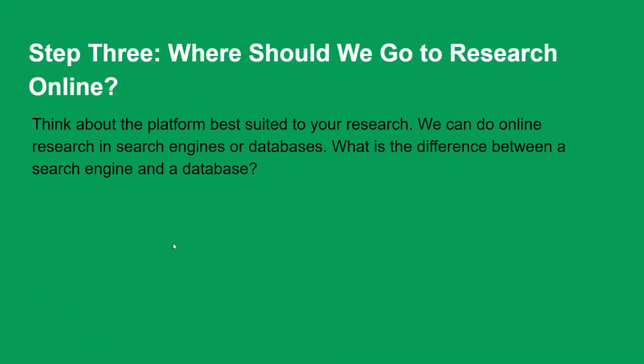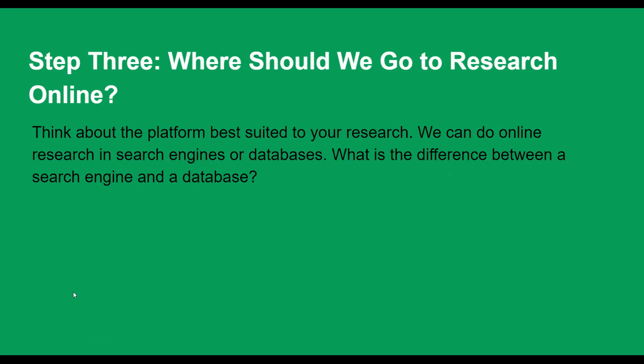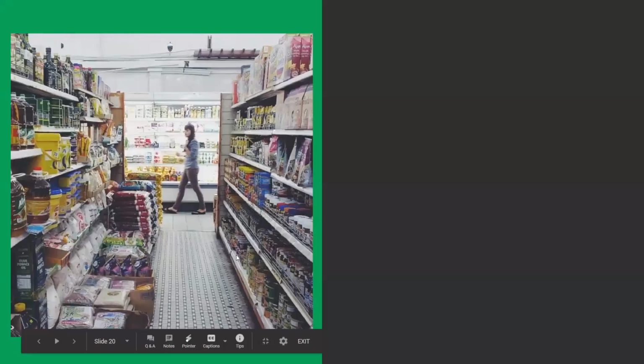So once we have our questions and our keywords, our next step is to think about the best place to do our research. And we can do research online in search engines or databases. So what's the difference? I often think about the difference between search engines and databases in the way that I think about grocery shopping.